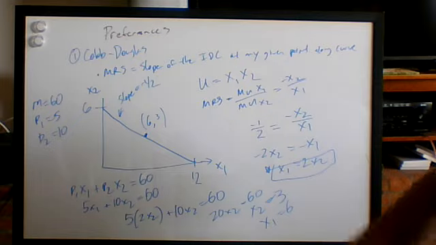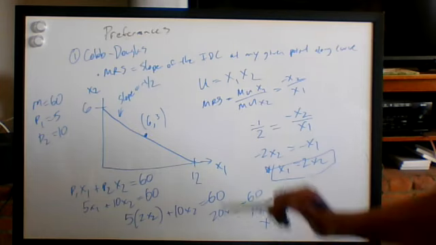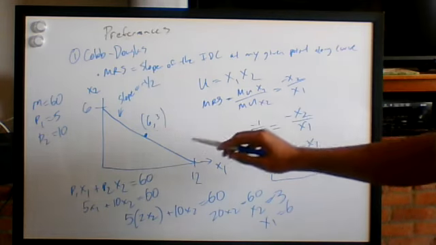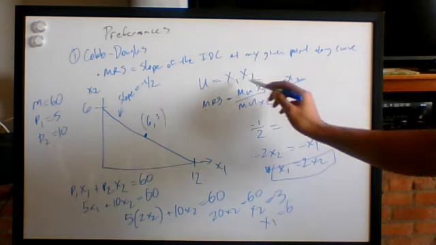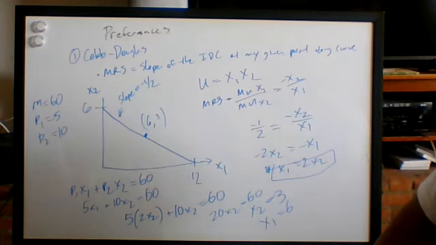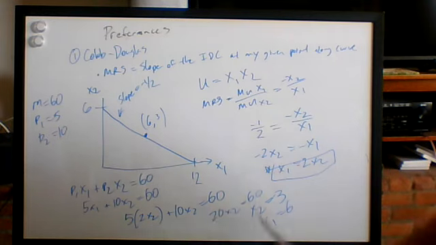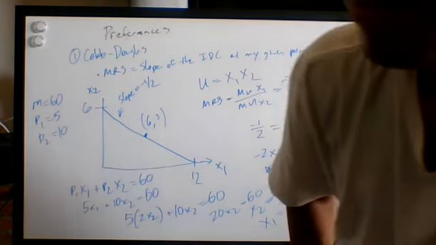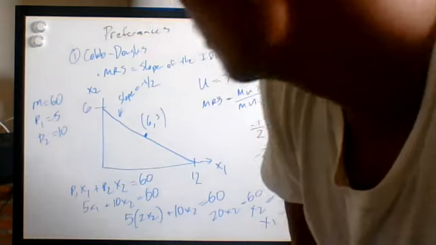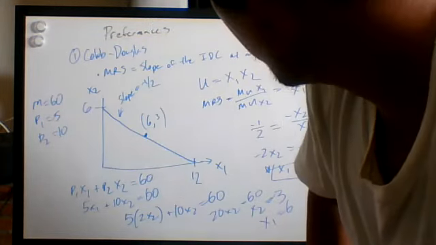But this is a baseline. So to answer your question, Stephen, given a budget constraint and given my comparison of preferences, X1 and X2, this tells us what the optimal bundle is, given my preferences. So yeah, that's kind of it for that.